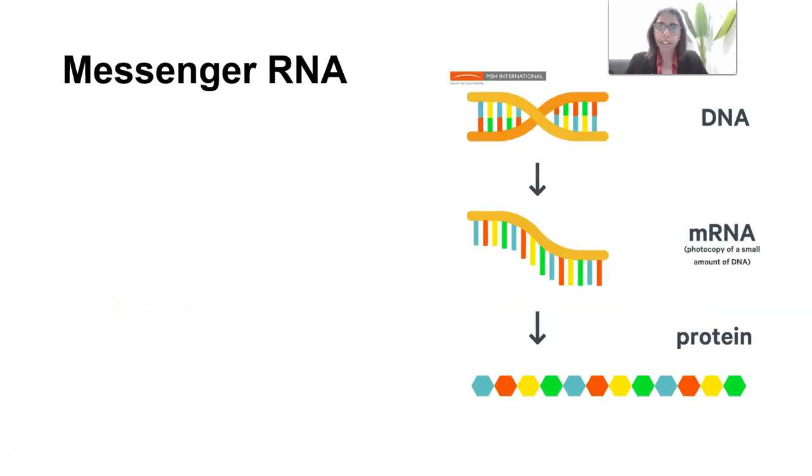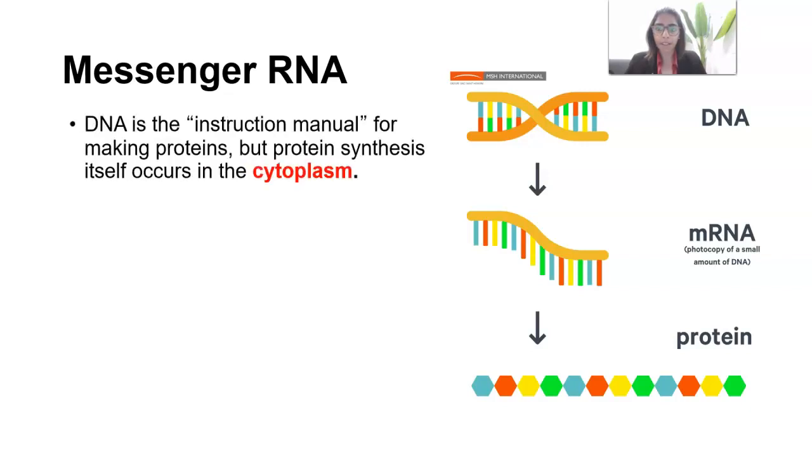And the final type of RNA we're going to be looking at is messenger RNA, or mRNA. Now, messenger RNA is found inside the nucleus and outside the nucleus, but it's actually manufactured inside the nucleus. What mRNA does is it reads this DNA code and it makes a copy.